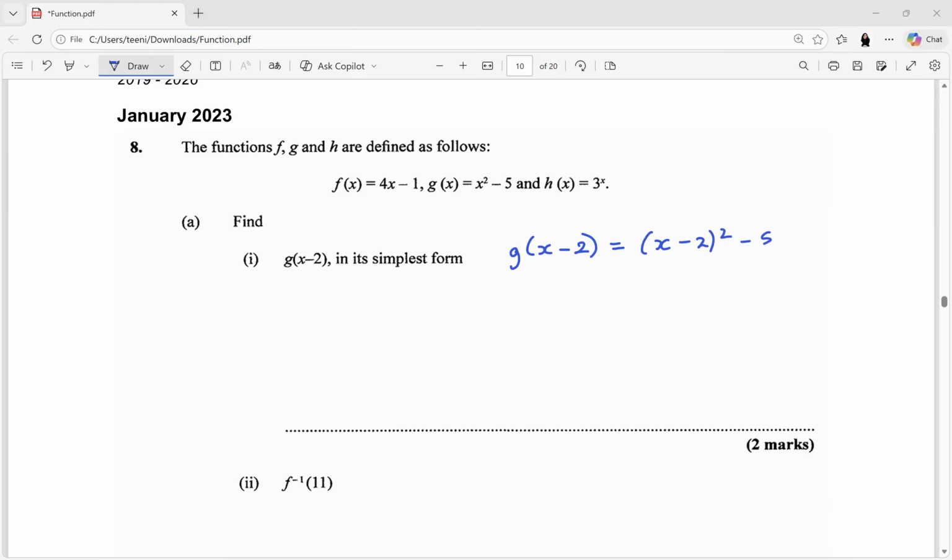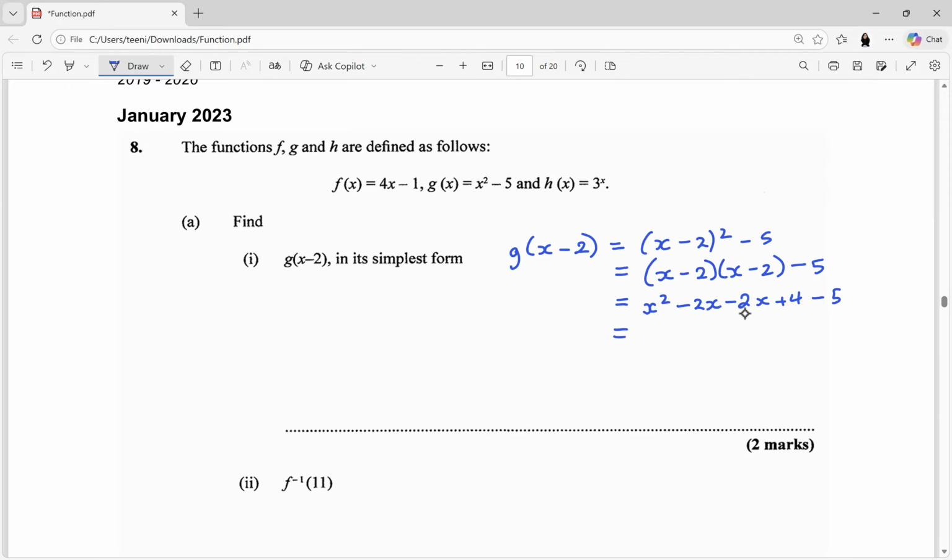So expanding this, x minus 2 all squared will be x minus 2 by x minus 2, all of that minus 5. This would give me x by x is x squared, x by minus 2 is minus 2x, minus 2 by x is minus 2x, and minus 2 by minus 2 is plus 4, all of that take away 5.